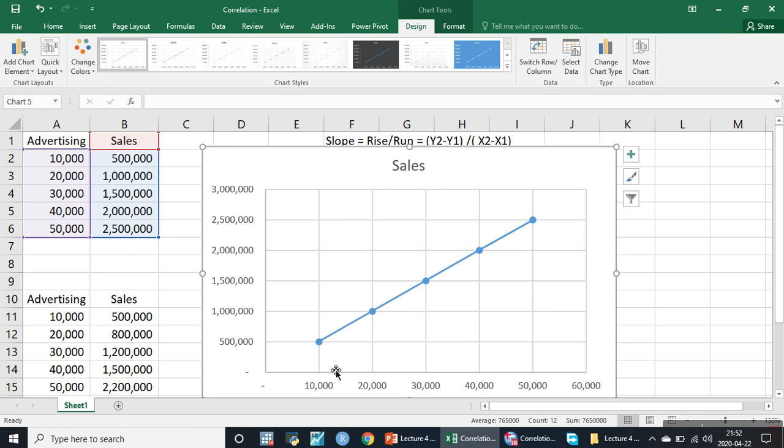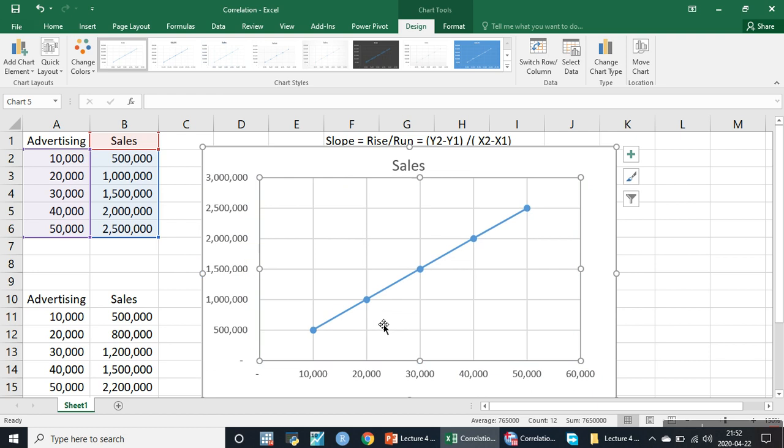What does it indicate? It indicates that due to increase in advertising, the value of sales also increases. So the graph is upward. There is upward movement in the data, and all the data points: when the advertising was 10,000, the sales was 500,000.